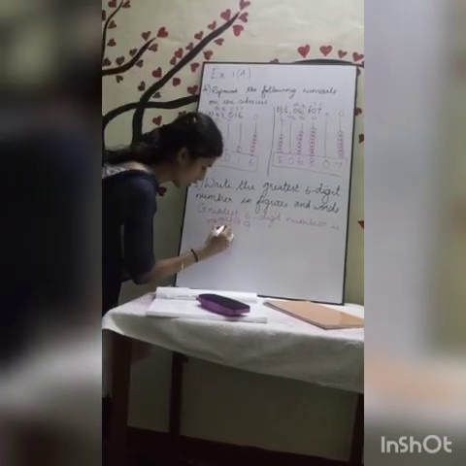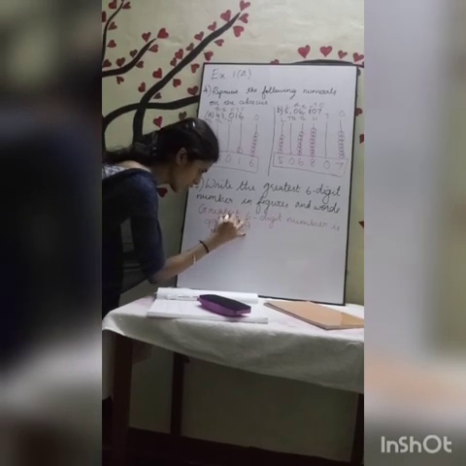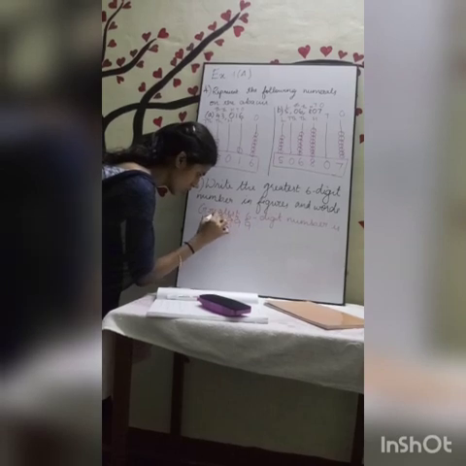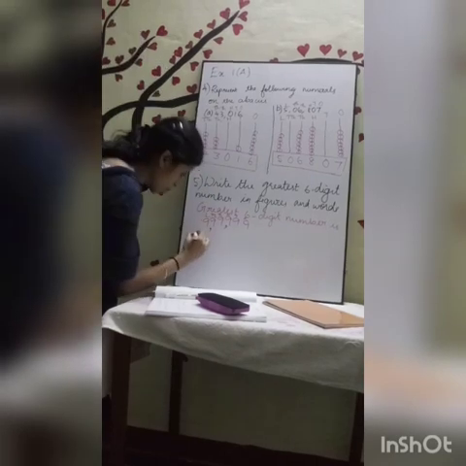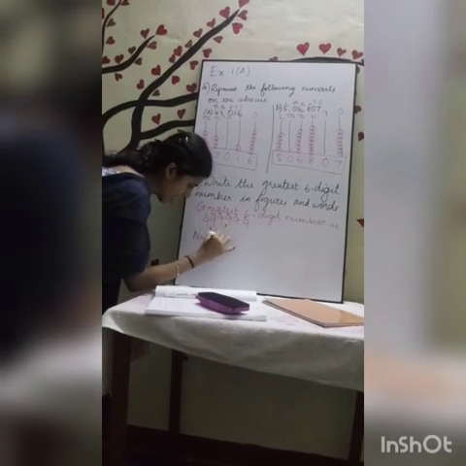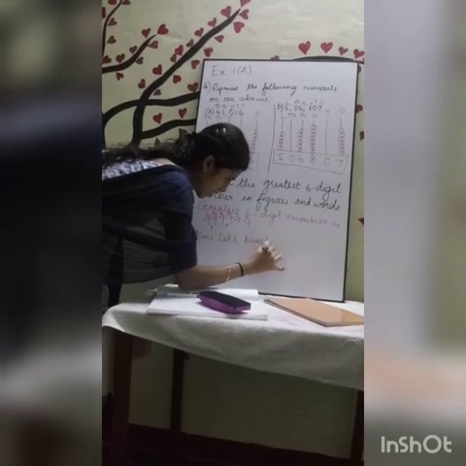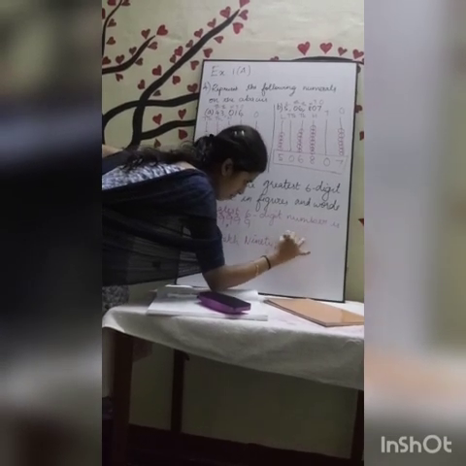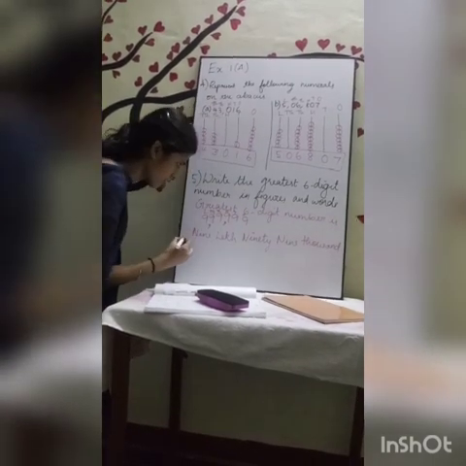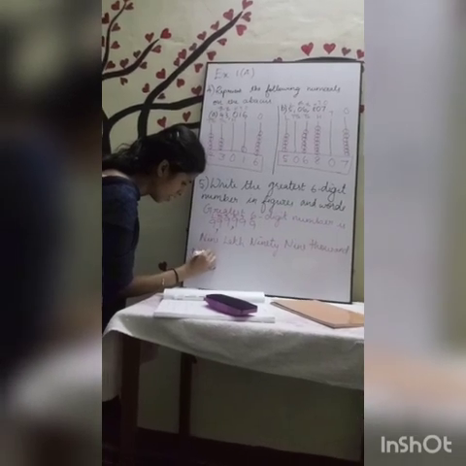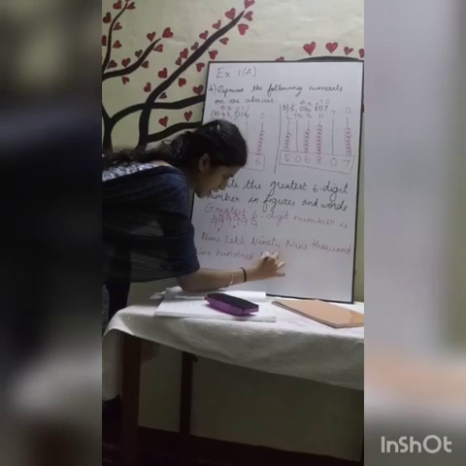Okay, now I am going to separate them with commas, 3 and 2 like that. So ones, tens, hundreds, thousands, 10,000, lakh. Now I am going to write the number name: 9 lakh, 99 thousand, 9 hundred and 99.